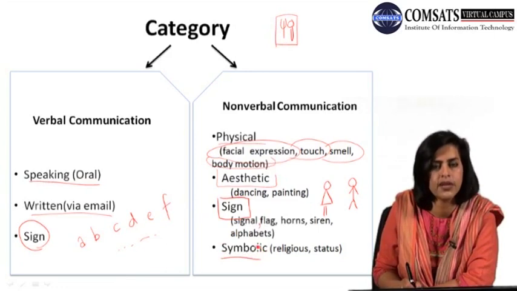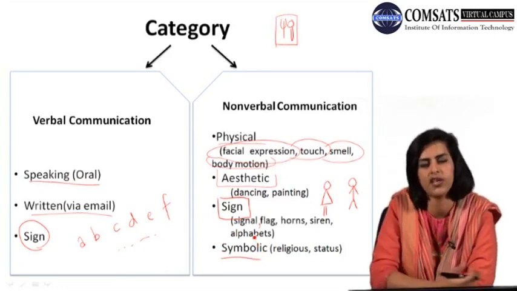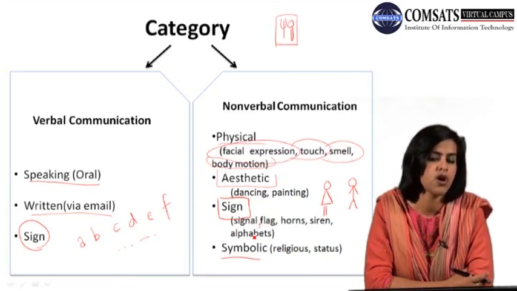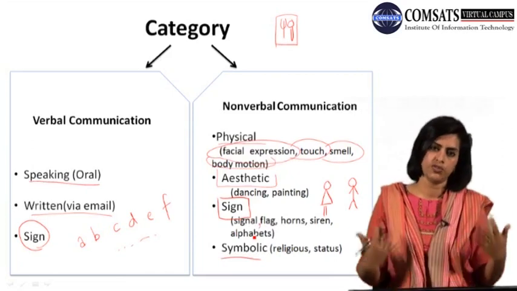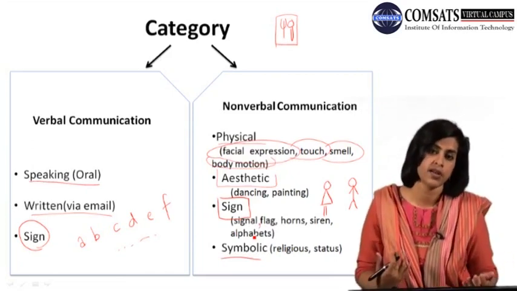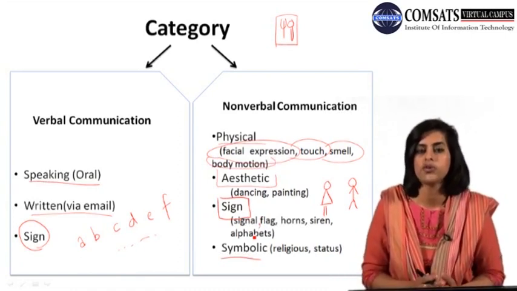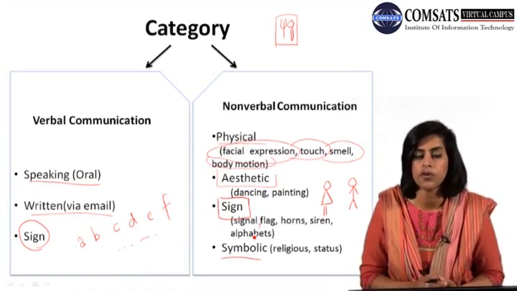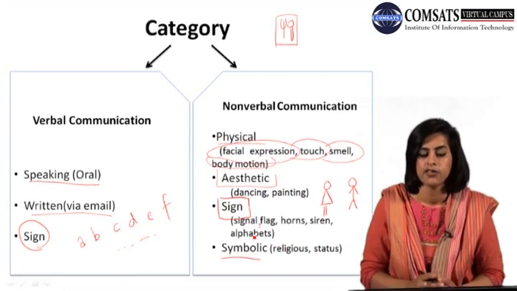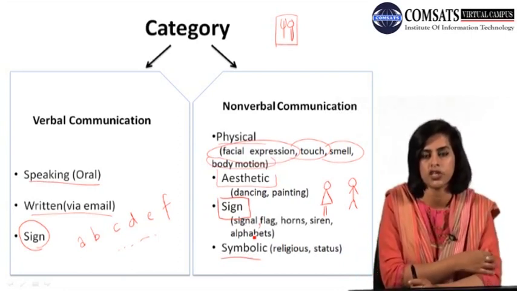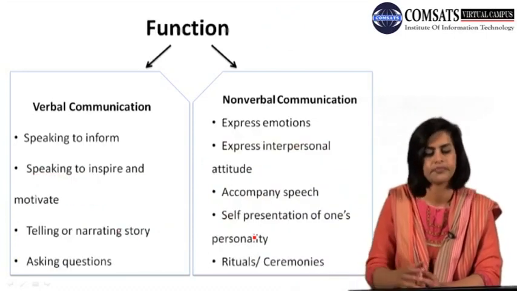Then symbolic, sometimes religion and your status is also a symbol or a non-verbal behavior. The way you dress up indicates what kind of culture or what kind of society you belong to. So this also is your non-verbal communication or a non-verbal communicator. So this is how we categorize verbal communication and non-verbal communication into 2 different categories.